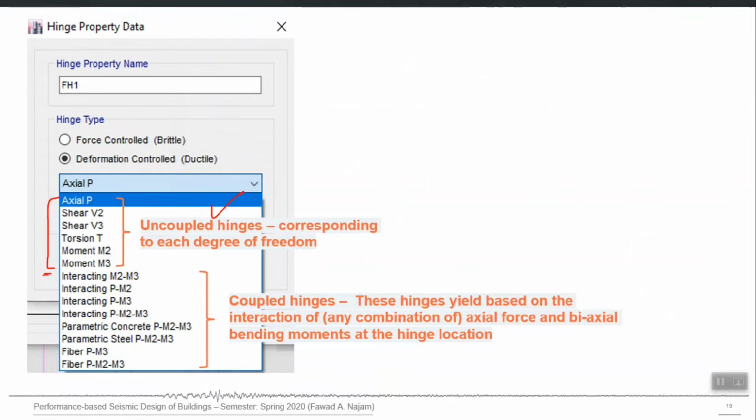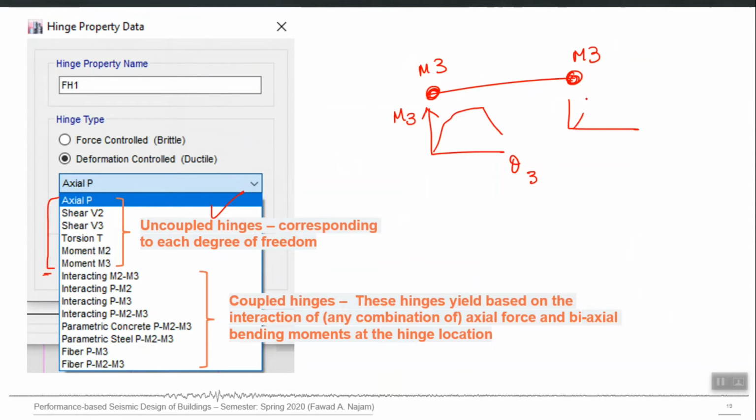For example, if I go for a beam and define M3 hinge at both ends, M3, and by now you know what the input required for an M3 hinge is. It is moment versus rotation. So moment in 3 direction versus rotation in 3 direction. This relationship is the input here, and on the other end also, M versus theta 3.